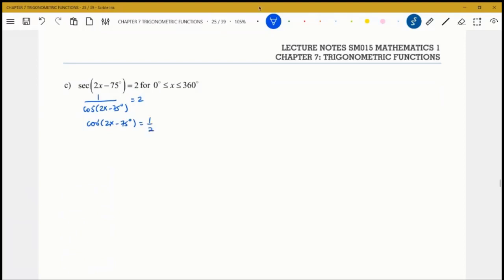So kita akan dapat 1 over 2 here. Okay, so automatically kita tahu dah ini adalah L kita. And then acute angle. So we're gonna have 2x minus 75 degree alpha inverse cos of 1 over 2. So inverse cos of 1 over 2 in term of degree berapa nilai kita dapat?